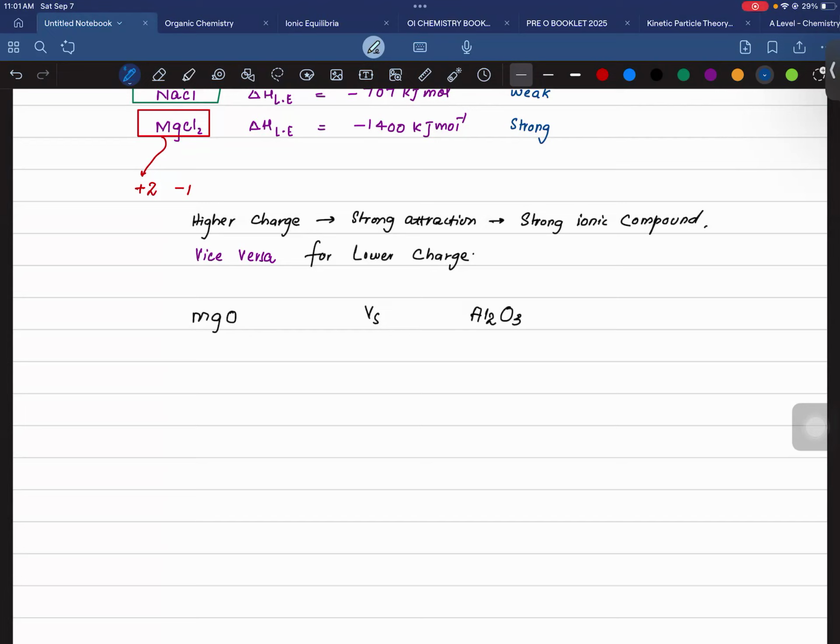How can you say that aluminium is stronger, Hasib? Subhan, what do you think? Abdul Hasib says just higher charge.